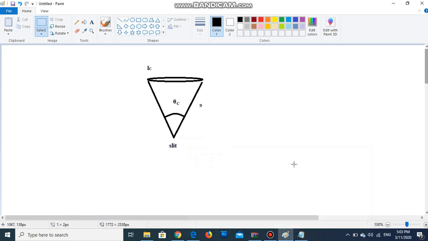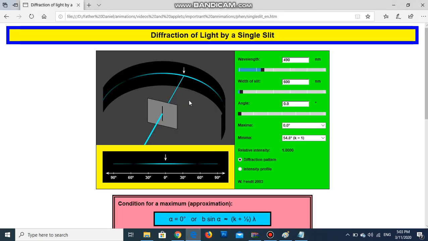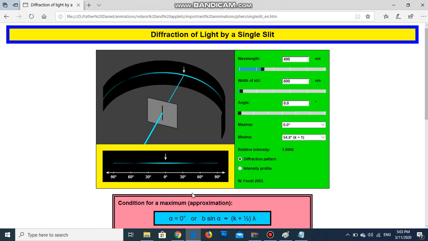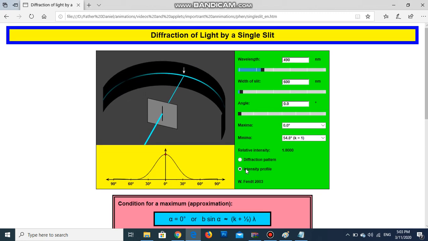Finally, I want to show you the intensity distribution. What does it mean? How is the intensity of light distributed on the screen? Let me see this important one. So, on the central fringe at angle 0, which is this point, we get the maximum intensity of light.